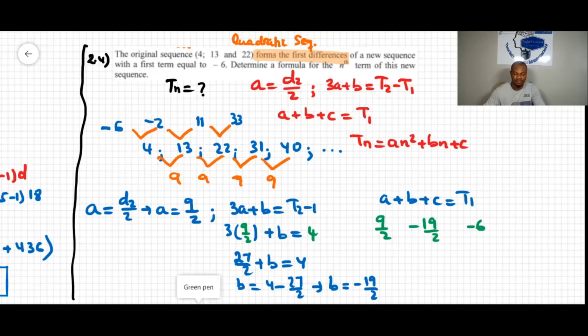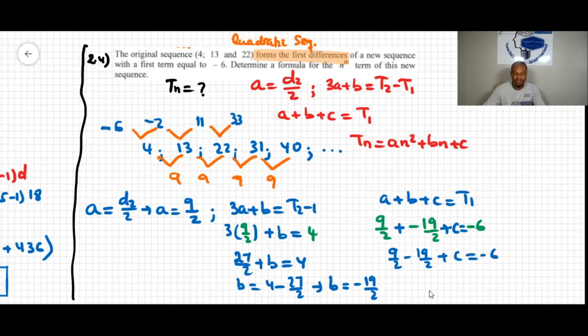So 9 over 2 minus 19 over 2 plus c equals negative 6.